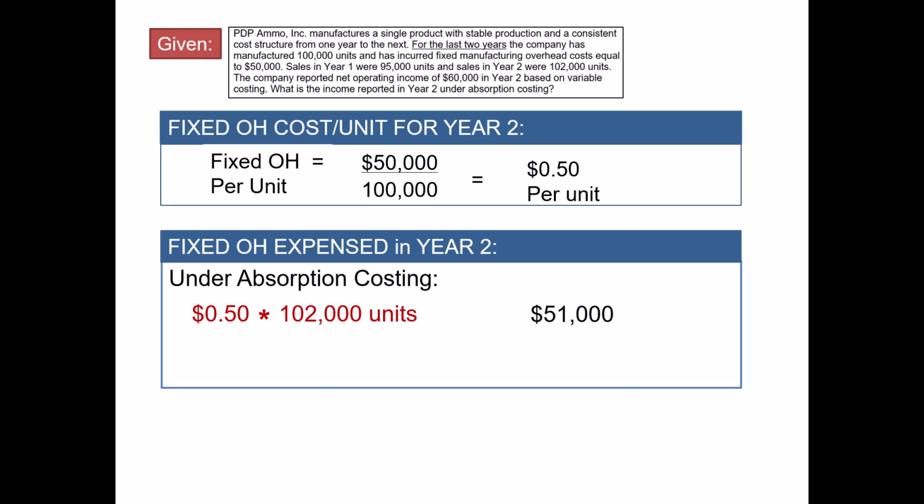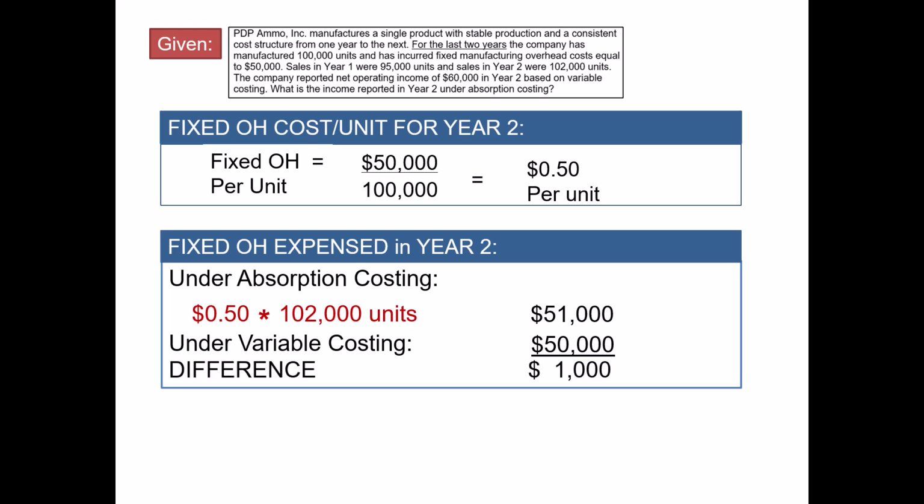That can only happen when you have beginning inventory and you're taking some of that cost that was assigned to that inventory in year 1 and expensing it in year 2. Now, of course, under variable costing, you simply expense the fixed overhead in the period incurred, so that would be $50,000. So we now know the difference in income is $1,000.